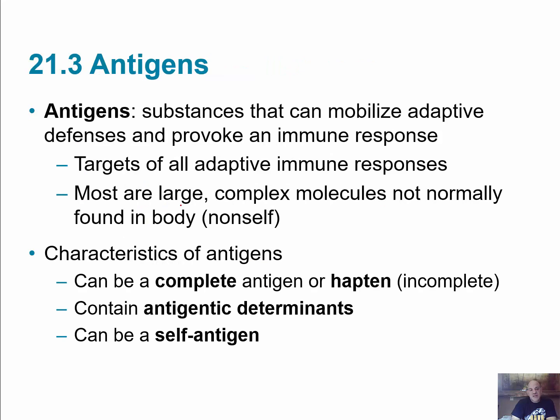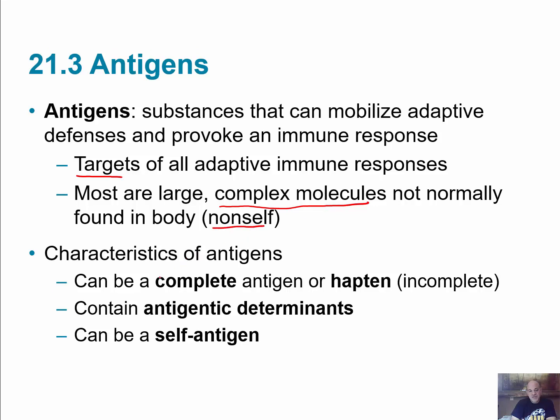So we're going to look at antigens, and antigens generally are substances that can mobilize adaptive defenses and provoke an immune response. These antigens are the targets of all adaptive immune responses, and most of these antigens are large. They are complex molecules, and they're not normally found in the body, so they're considered non-self.